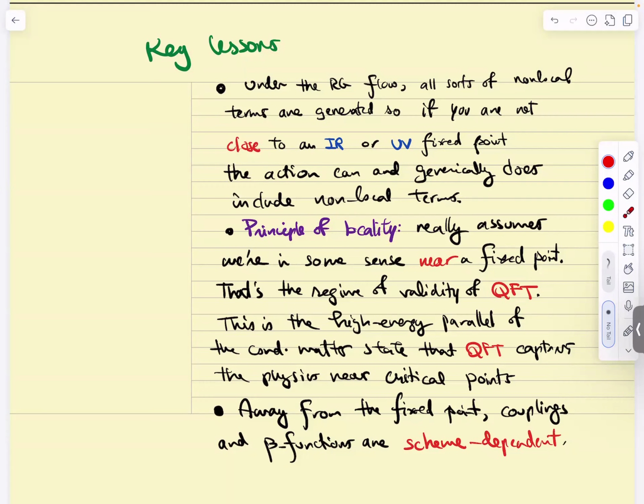Think of a lattice. You have a bunch of sites on the lattice. What is a local term? Phi of x. What is a derivative? It's phi of i plus 1 minus phi of i. What is a two-derivative term? You have to do this minus phi of i plus 2 minus phi of i plus 1. What's the third derivative?